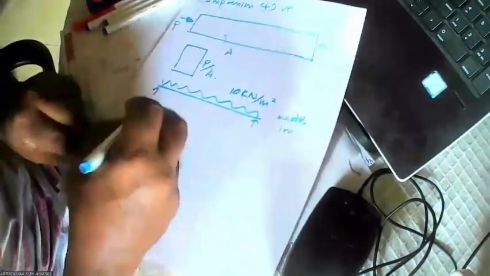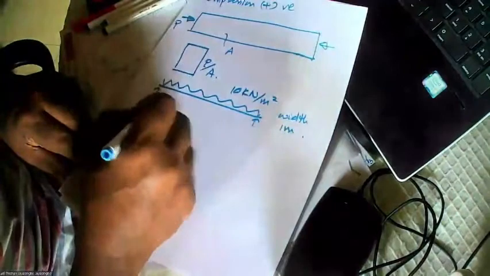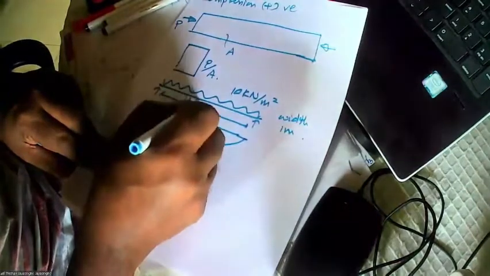Then you get 10. So the maximum bending moment is WL squared over 8. And the span is say 12 meters.